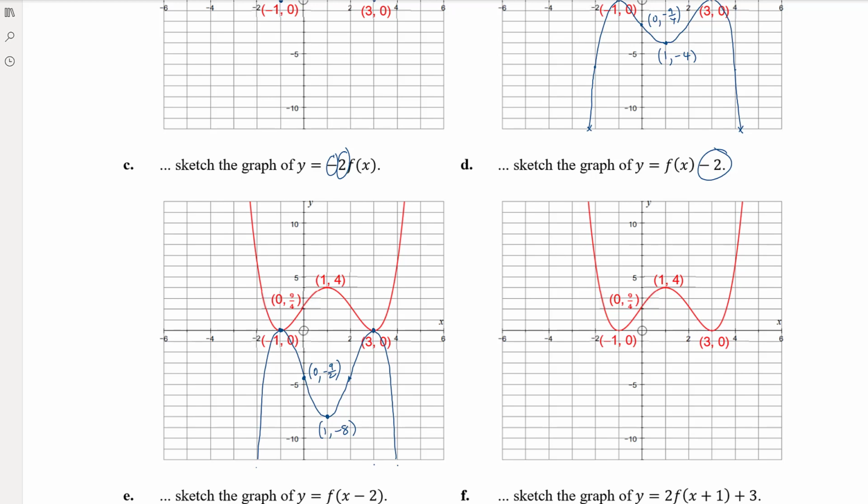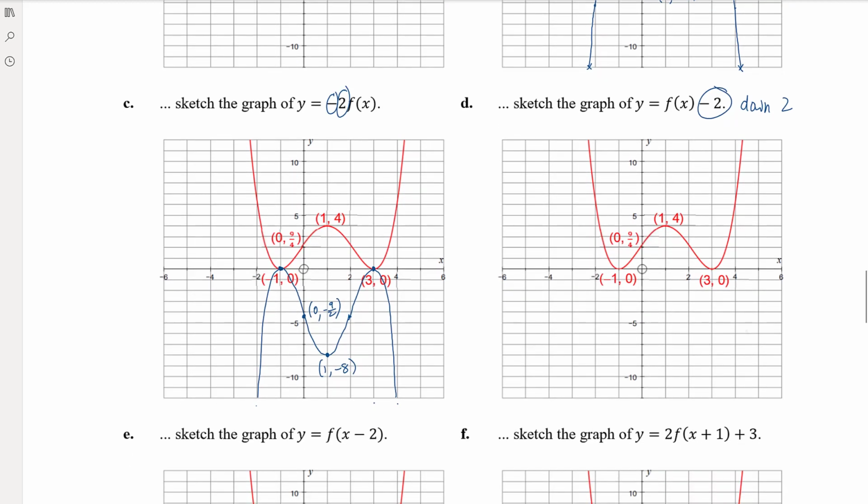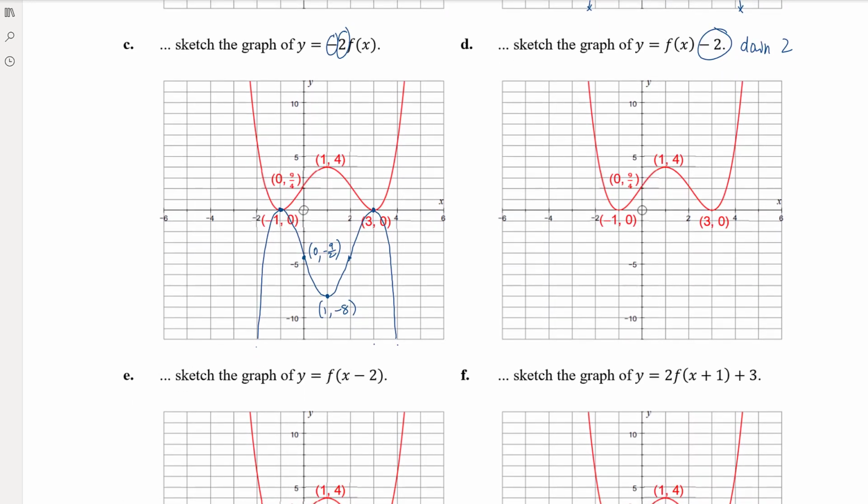Okay, so adding or subtracting onto the whole function is when we go up or down. So this is a translation down by 2. So taking each point and translating it down by 2, (1, 4) goes to (1, 2). (3, 0) goes to (3, -2). (-1, 0) goes to (-1, -2). (0, 9/4), which is 2 1/4, goes down to (0, 1/4). And you could take a few other points and move them down by 2.